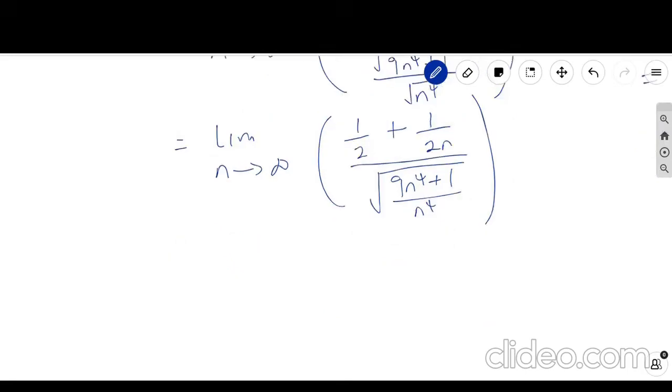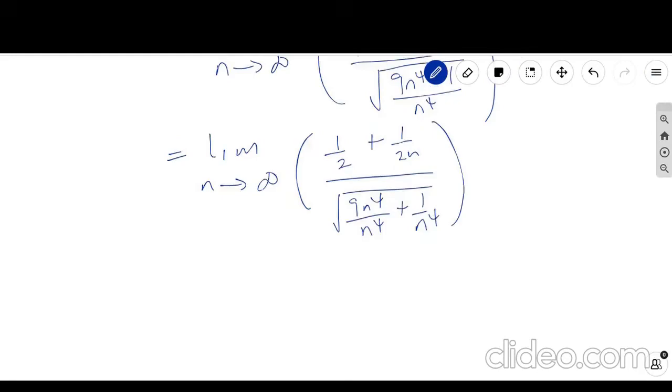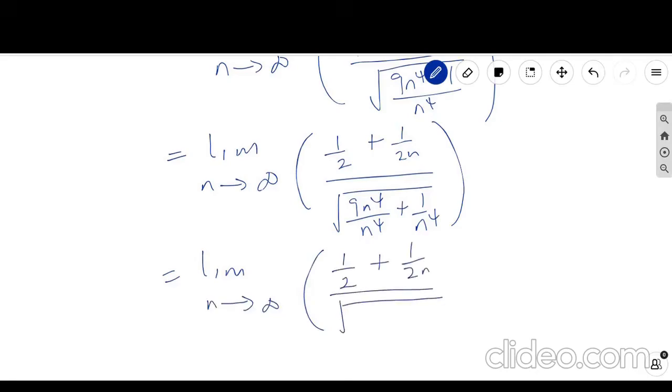We can split it like this: 9 plus 1 over n raised to power 4.